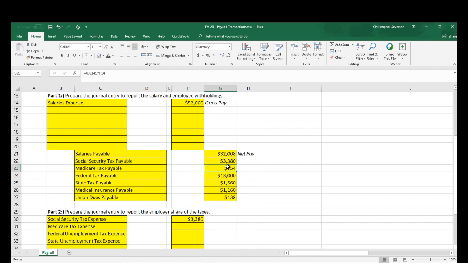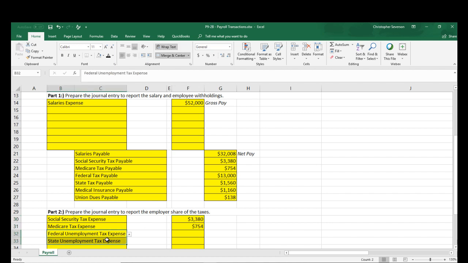Medicare tax was 1.45% of gross pay. So keep in mind, this is not the exact same item from here, because this payable is the employee's share, the worker. This expense down here is the employer's share, the company.